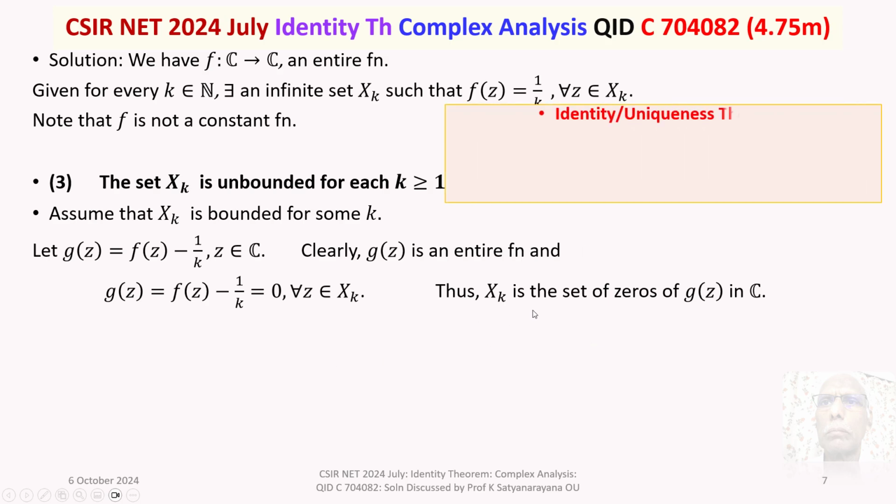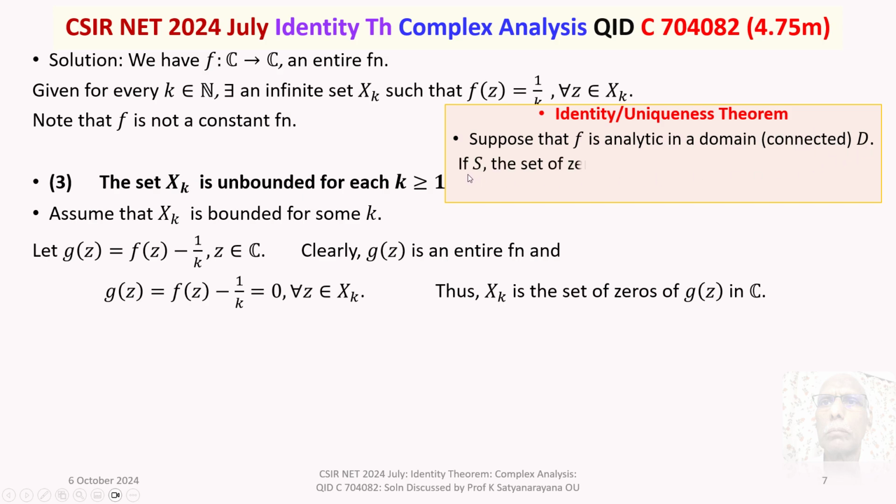So now let's recall a theorem called the identity theorem or uniqueness theorem. Suppose that f is an analytic function in a domain D, a connected domain D. Keep that connectedness, that's a must.